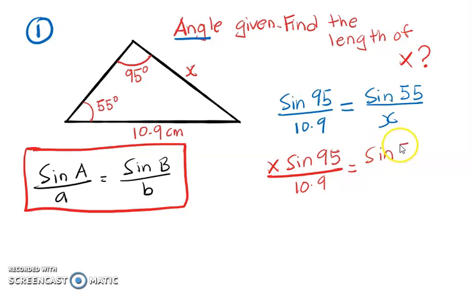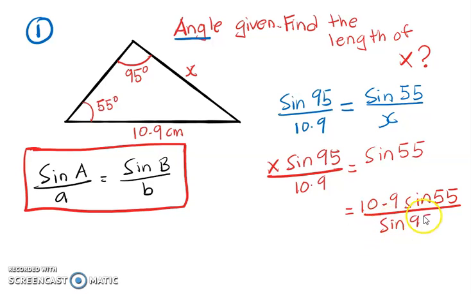So here is your step. So first we move the 10.9 to the opposite side. So it will become 10.9 sine 55, and then over the sine 95 will be moved down. It will become a divide. Okay, now we can find the value of x.